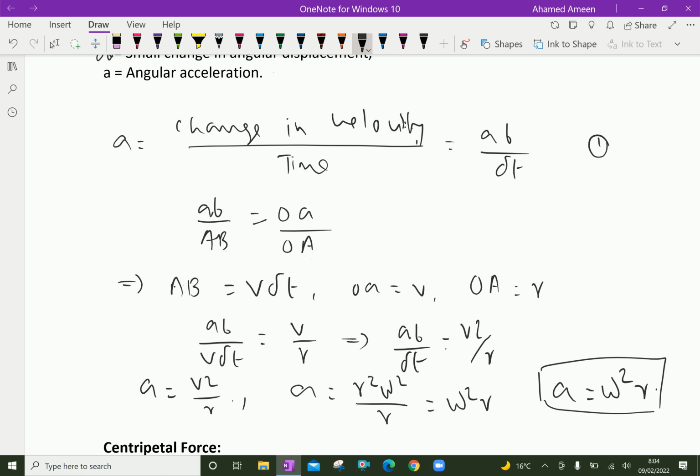This is the relation between linear acceleration and angular speed.